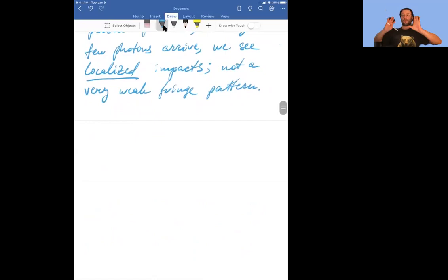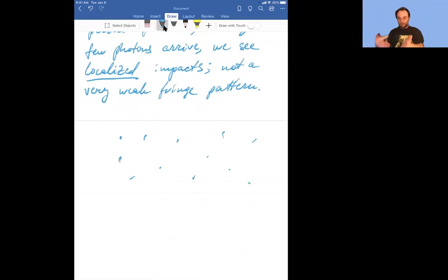So I will make two drawings. One is a side view, the other is facing the screen. Facing the screen, what I see is just localized impacts. Usually when we think of slits, we think of narrow, long slits. So the screen is two-dimensional.